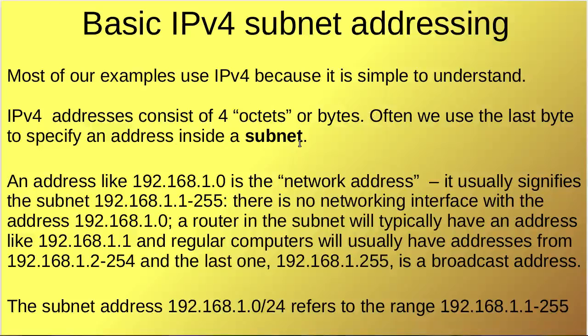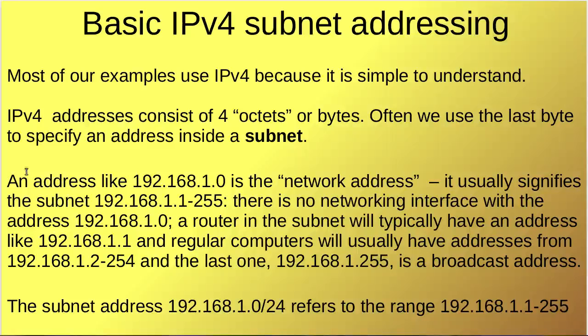So the first 3 bytes are considered to be like a subnet mask, and if these terms are not something that you've heard of before, you definitely want to look these up, and if required, I could set up a review sheet about subnetting and things like that.